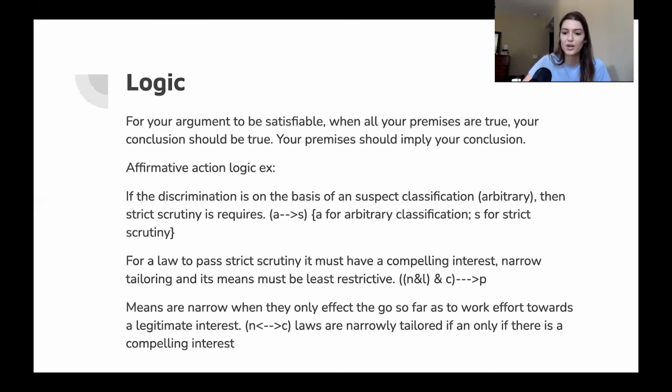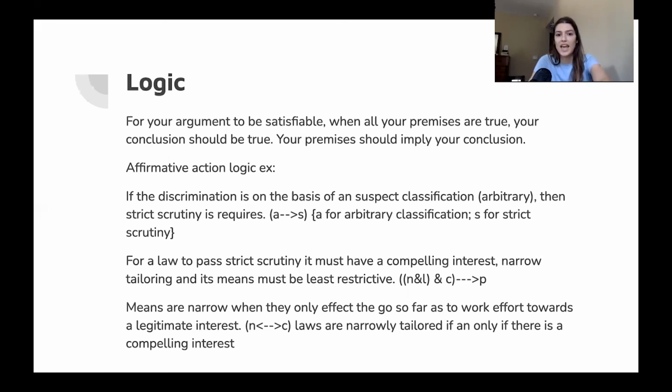I'm sure you've heard this before, but race is a social construct. There's no biological thing that makes people a part of a specific race, and there's more ethnic and biodiversity within racial groups than between them. So it's pretty much an arbitrary classification. So if you have a suspect classification, then strict scrutiny is required.